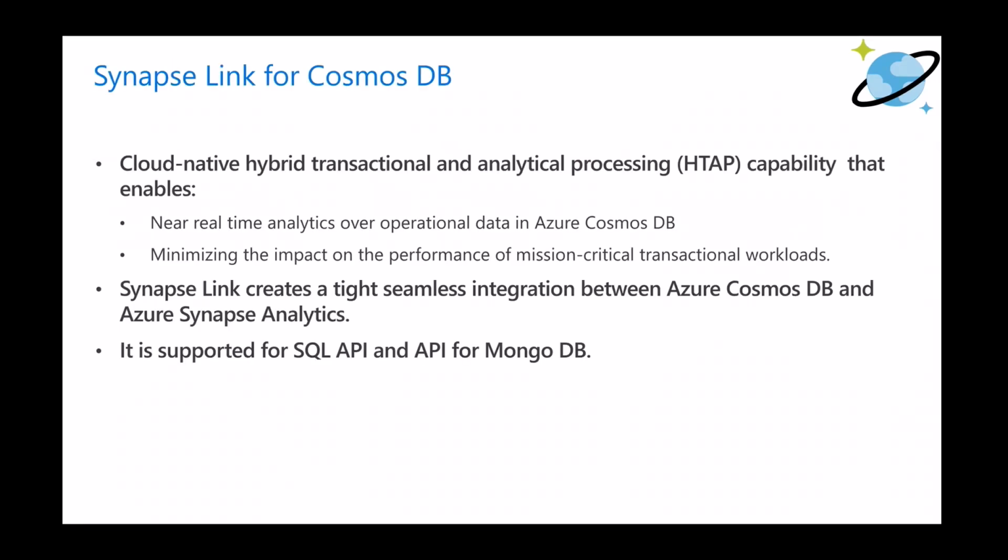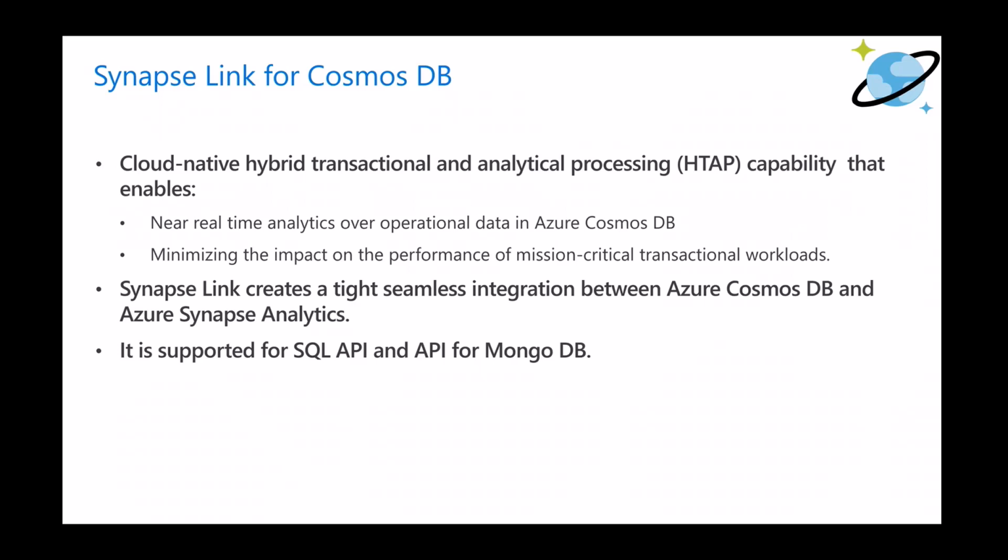Let's start with understanding what is Synapse Link for Cosmos DB. Synapse Link for Cosmos DB enables the HTAP capability, which basically allows us to do real-time analytics over the operational data in Cosmos DB.